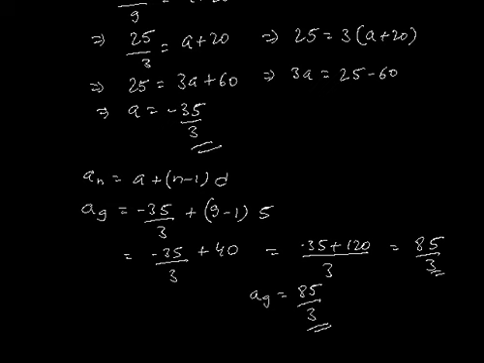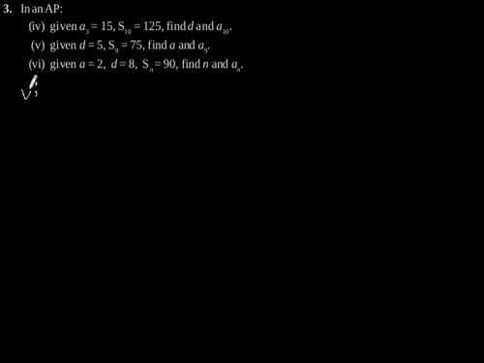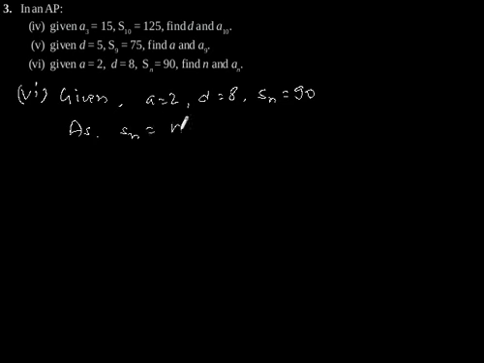Now the sixth part. Sixth, given is A is equal to 2, D is equal to 8, Sn is equal to 90. We need to find out N and An. So as we know, Sn is equal to n by 2 under bracket 2a plus n minus 1 into d.